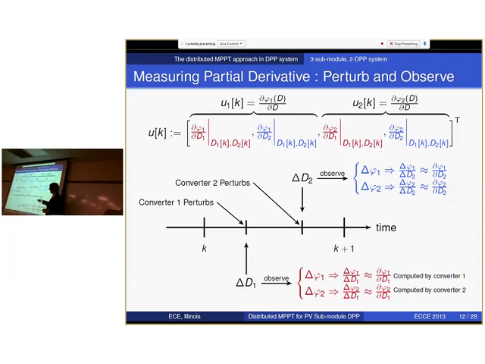And similarly, after converter 1 perturbs, converter 2 can perturb its duty ratio, and all converters observe the resulting change. In this way, we can have all these inputs to the system.